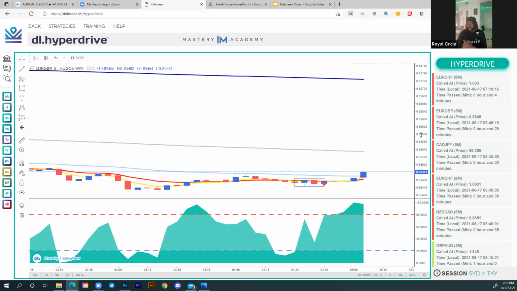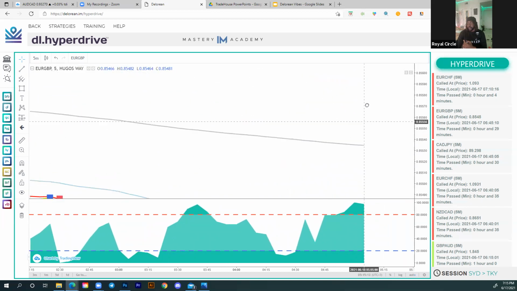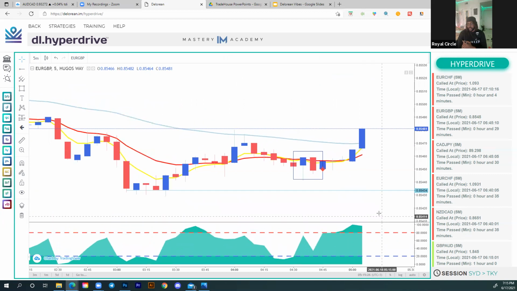If those 2 lines are not in the way, what you use to determine profit is support and resistance, right? It's support and resistance. So in this example, the gray and the blue line are not in the way, but you see where support is.